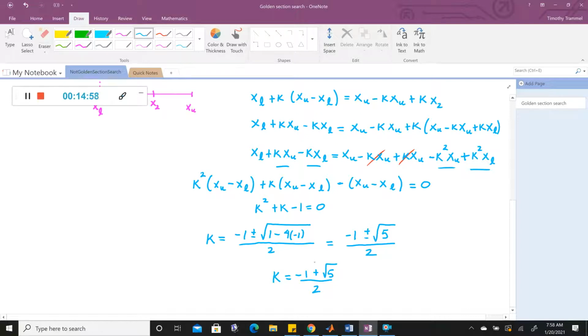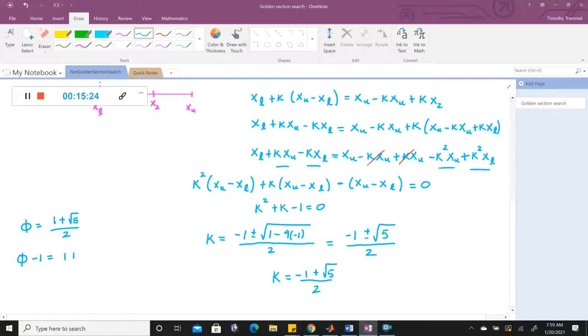which happens to be what is called the golden ratio. Well, this is the golden ratio minus 1, okay, and I'll show you what the golden ratio is right here. So the golden ratio is actually oftentimes notated by phi, and it is 1 plus the square root of 5 over 2. And so if you were to subtract 1 from this, phi minus 1, we'll get this value k down here.